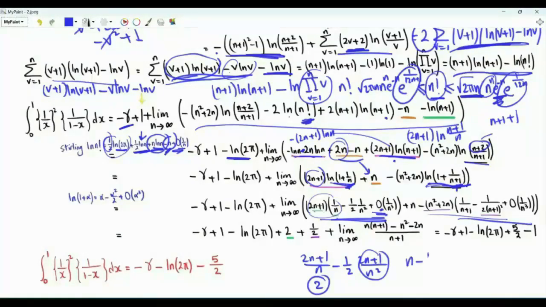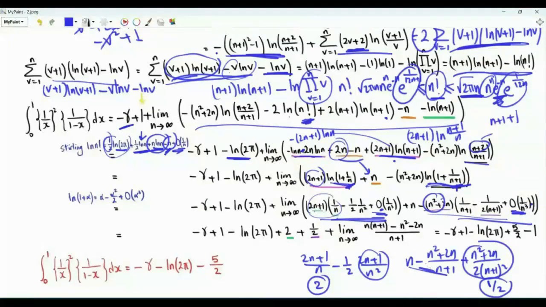Let's go here. We have n minus (n squared plus 2n) over (n plus 1) plus (n squared plus 2n) over (2n plus 1) squared. This is quadratic in n. We have here big O of 1 over n cubed. So this product goes to 0 as n tends to infinity. What about those terms? From here, as n tends to infinity, we get 1/2. These two guys, we need to combine them.